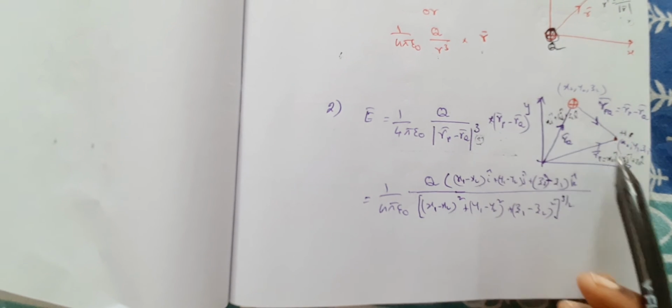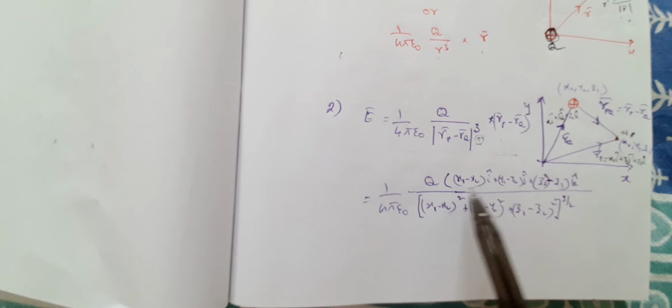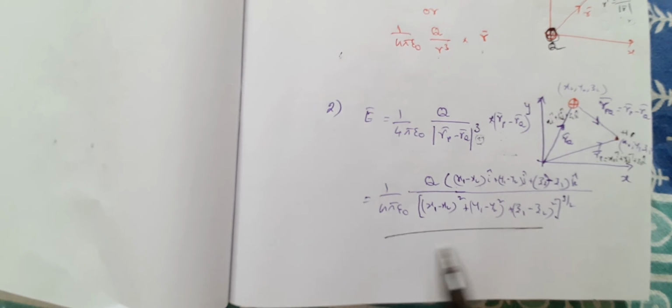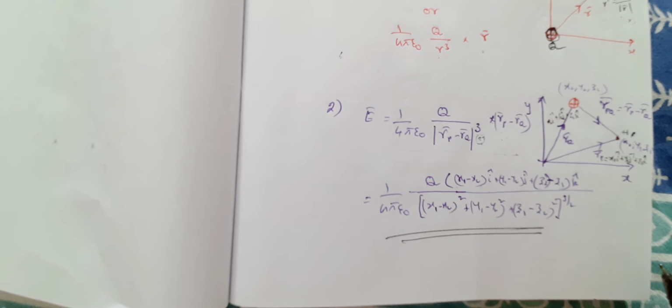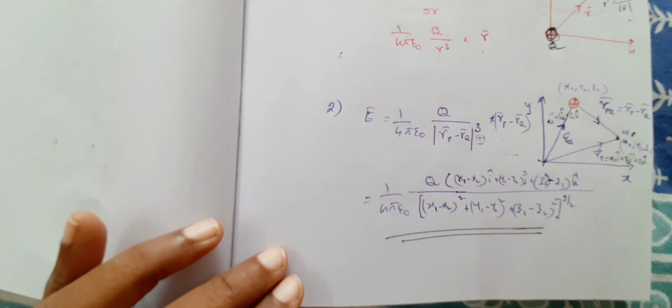When the coordinates are also given to you, you can substitute the values here, and finally this is how you can find out the vector representation of electric field strength when the position vector of the charge and the position vector of the point where you want to find electric field strength are given. Beautiful. Okay, right. So please note it down.